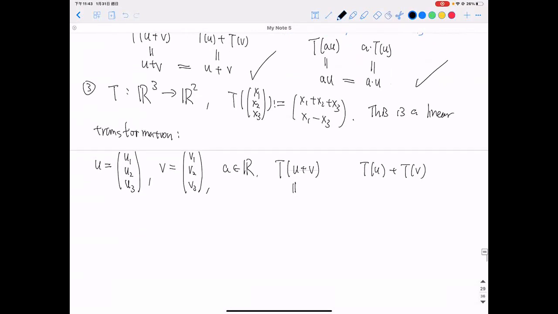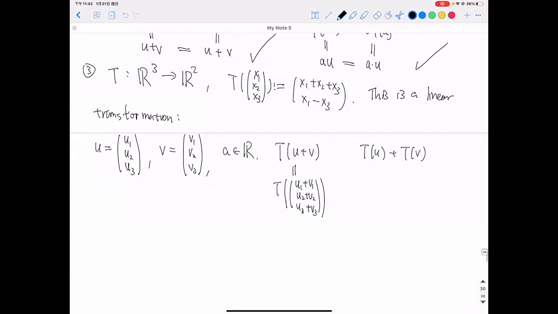Now U plus V is easy to compute because you just add the corresponding entries. Now applying T to this, you'll get the following vector. T of x1, x2, x3 goes to a two-dimensional vector: x1 plus x2 plus x3 and x1 minus x3.